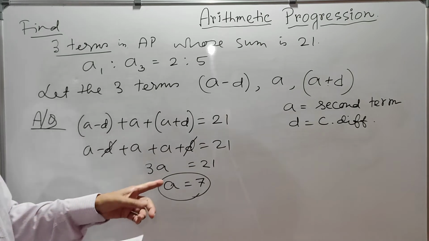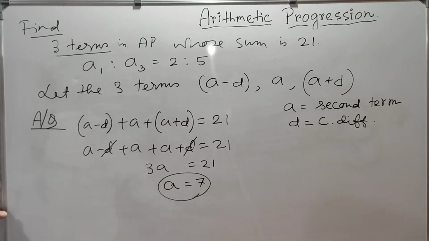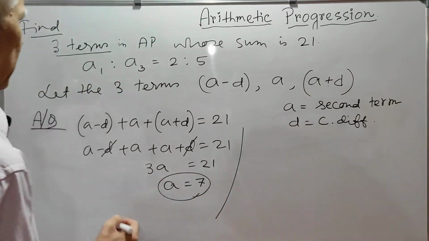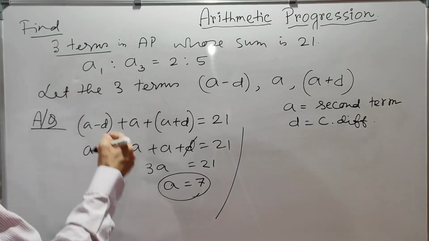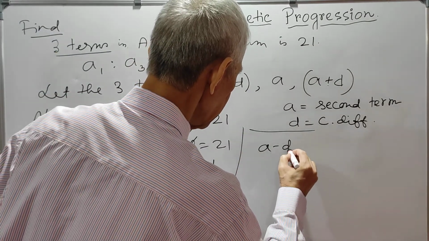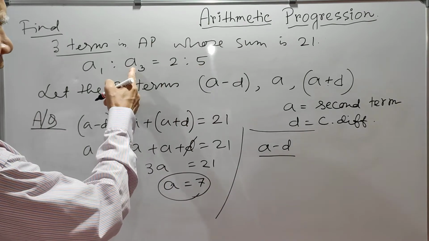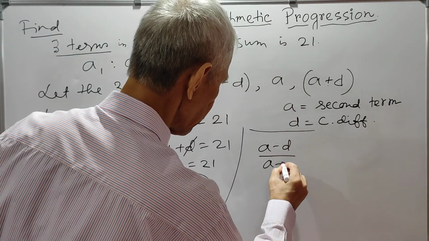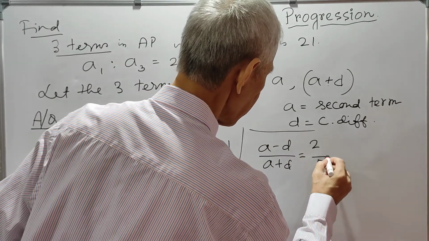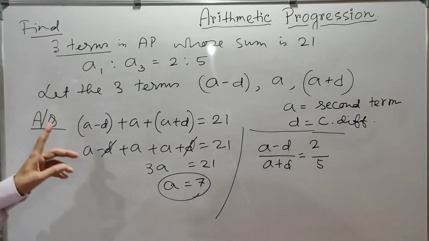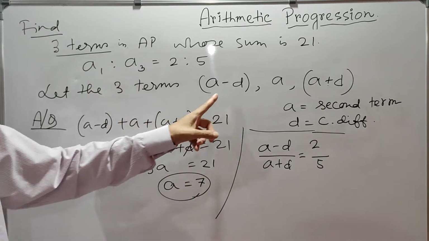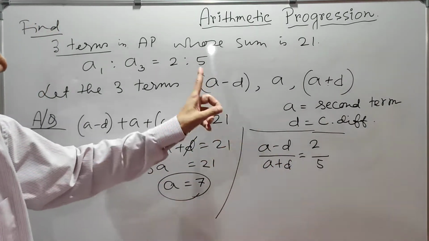All right. Now to get the common difference, we'll use the second condition. What was the second condition given? The first term is to the third term is 2 by 5. First term means A minus D, divided by the third term, A plus D, equal to 2 by 5.